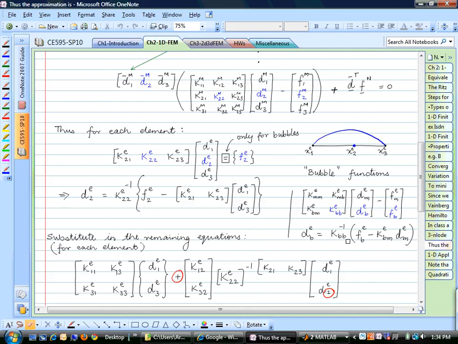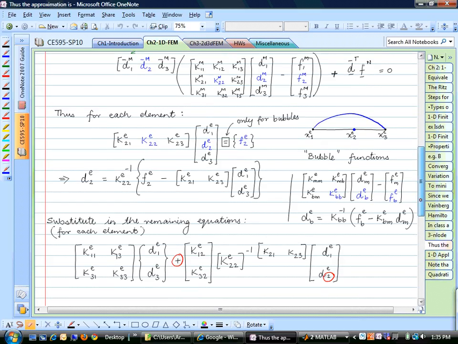We are denoting this bubble function by the subscript b, and the main mesh functions that are connected to the rest of the mesh by m. And if you take a look at this equation right here, all we need to do is to plug this equation into the expression for each element.